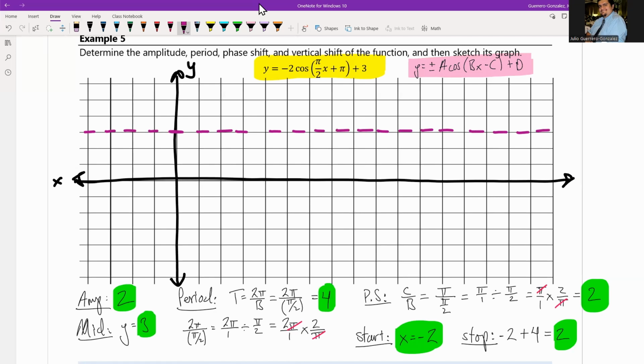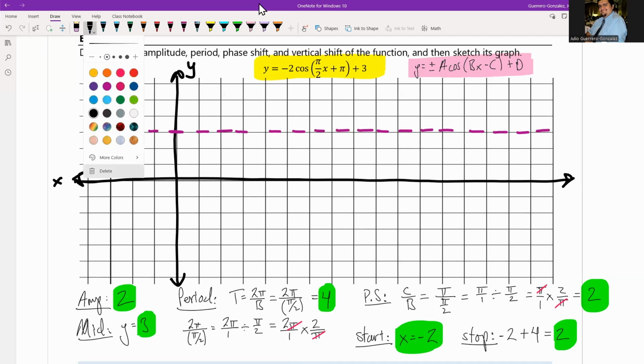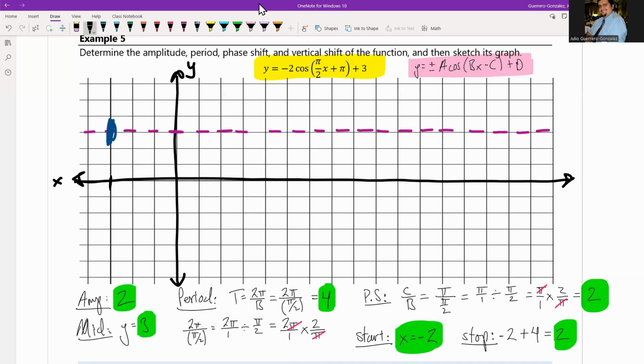This is going to be my midline. My graph needs to start here, at x equals -2. I'm going to write in my tick mark here, x equals -2. And it needs to stop, whoa, didn't go far enough back, right here. There we go.